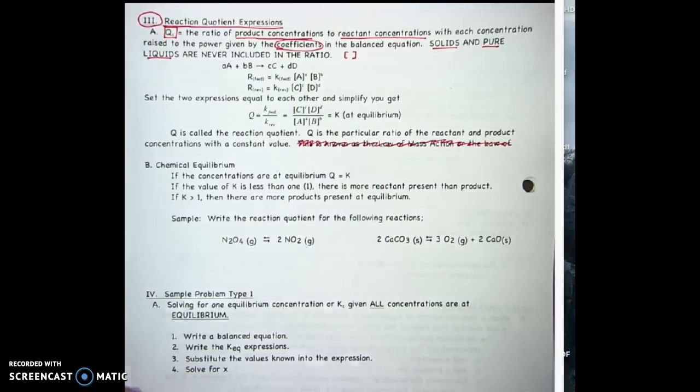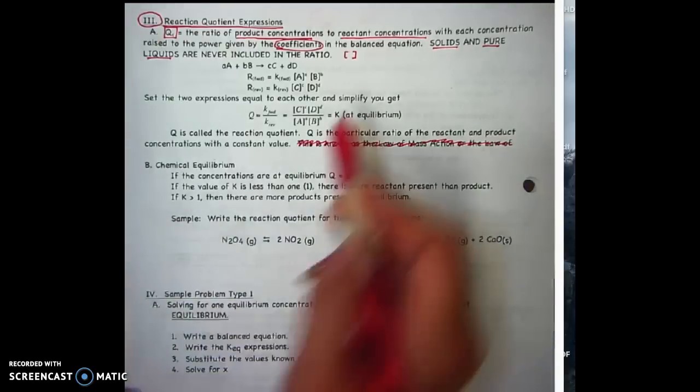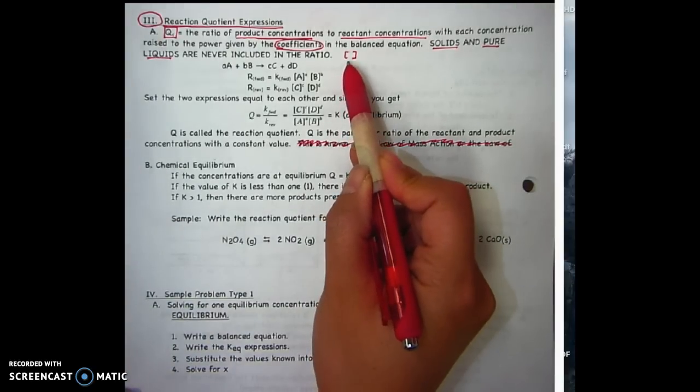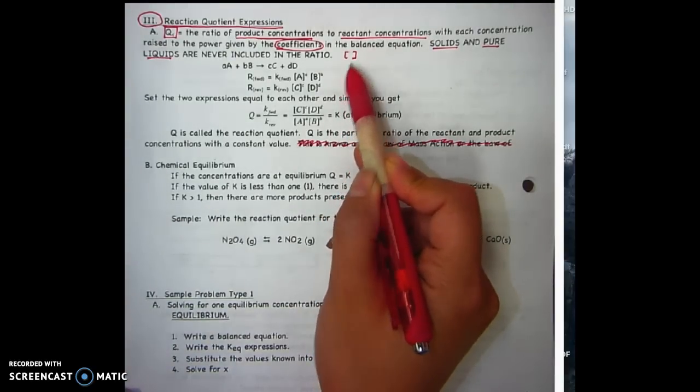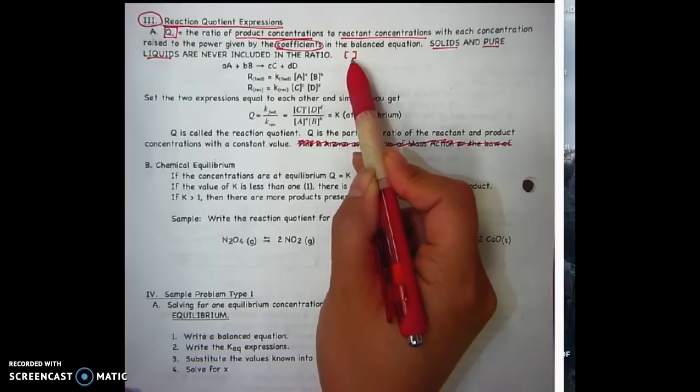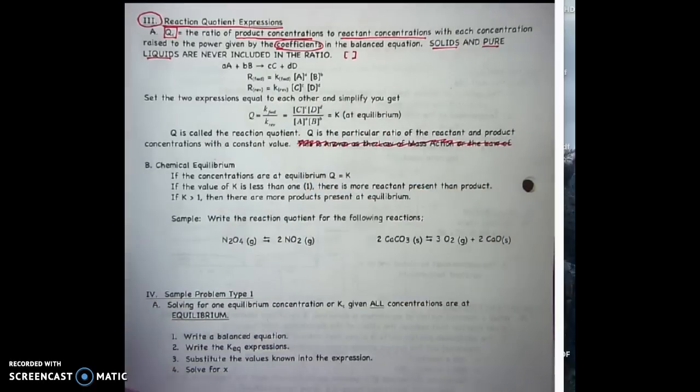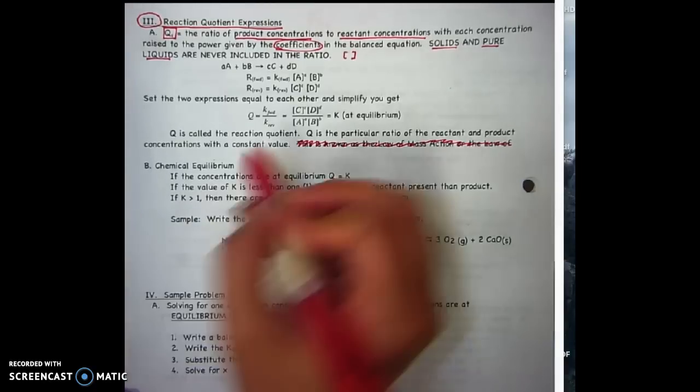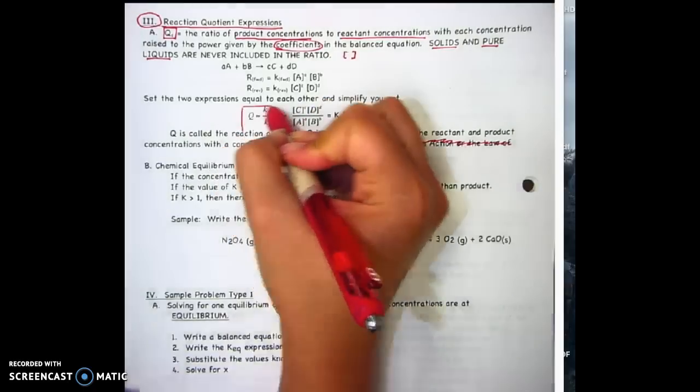And if you have a pure solid or a pure liquid, there is no such thing as concentration. It's 100%, right? The whole thing is going to be that solid or the liquid. So the concentration isn't really impacted by the solid or the liquid. So it's not included inside the actual equation itself, right? And the main thing that you guys want to know here is down here.